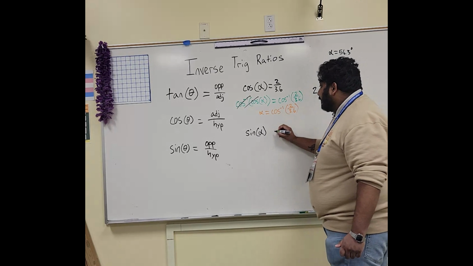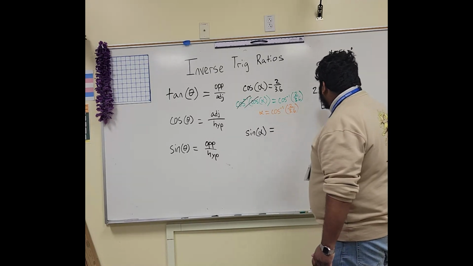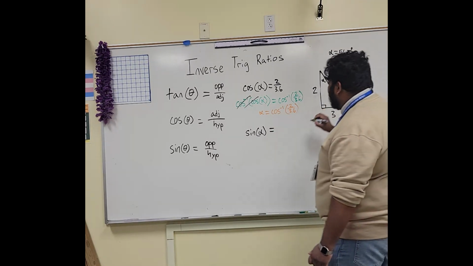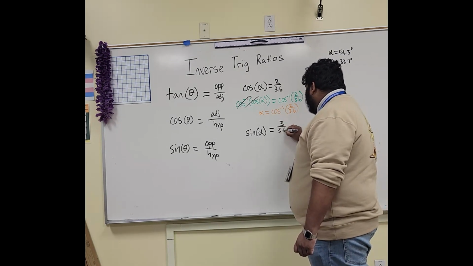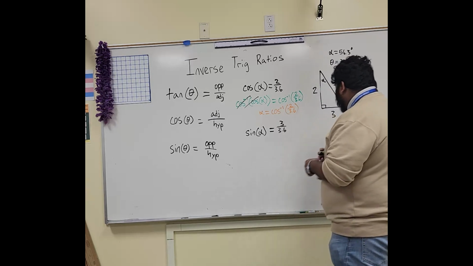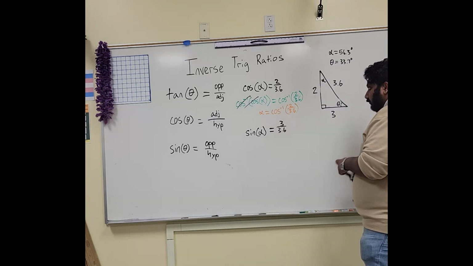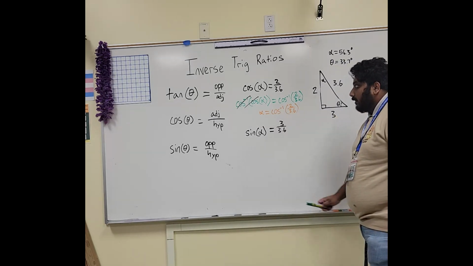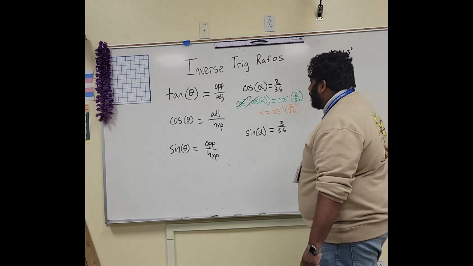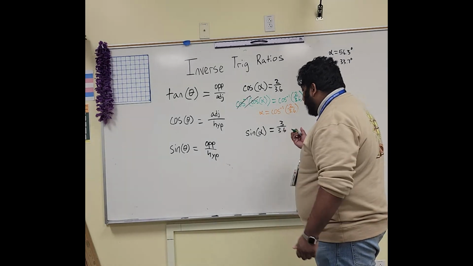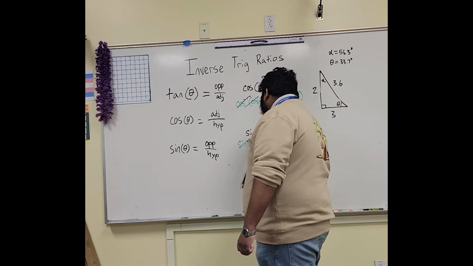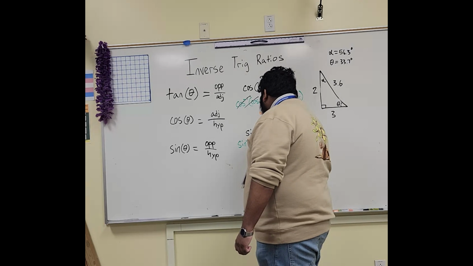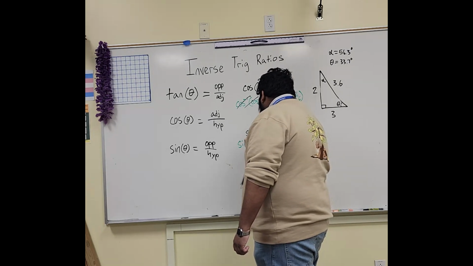So sine of alpha is going to be equal to 3 over 3.6. Just like tangent and cosine, sine has an inverse function. Inverse sine is going to be applied to sine to get rid of it.